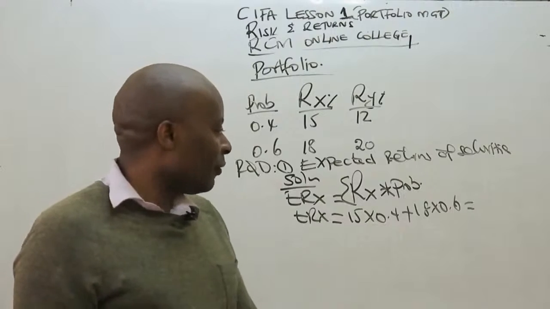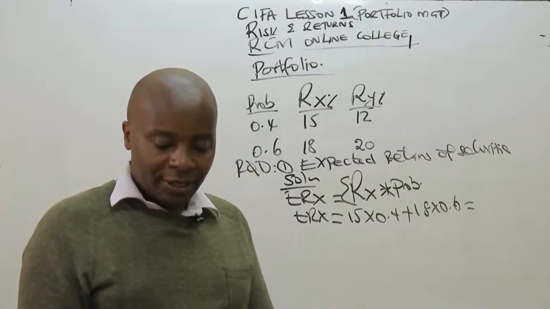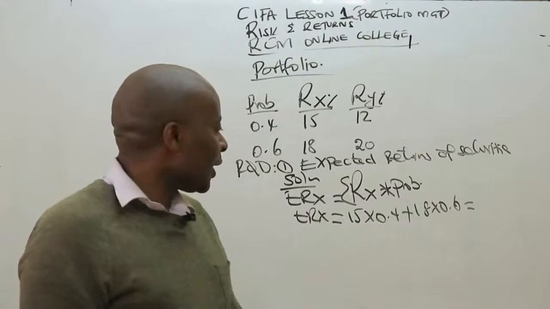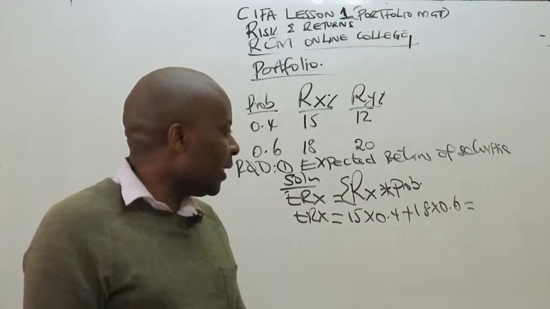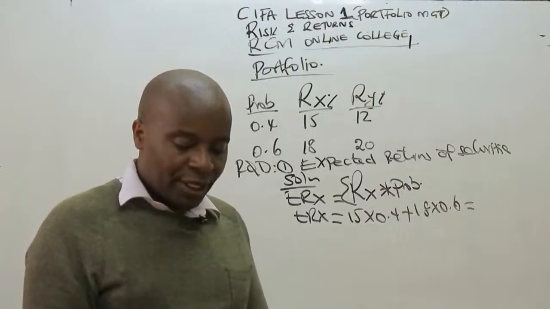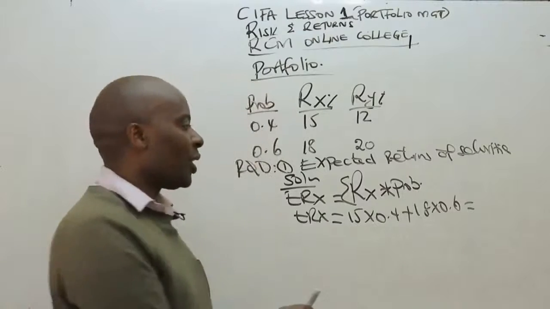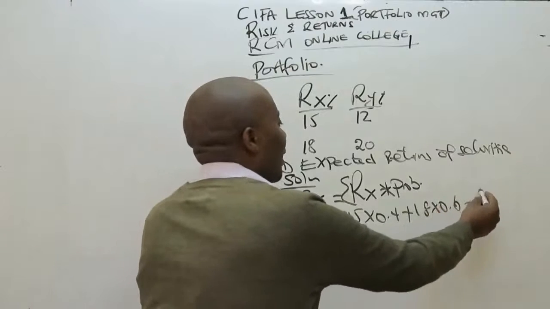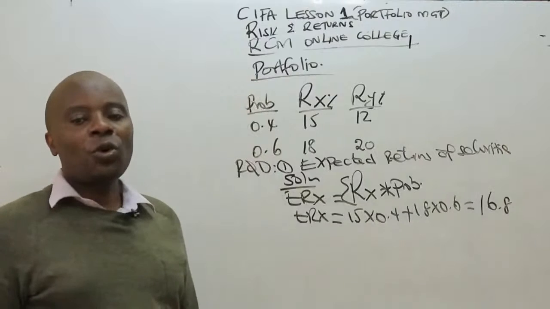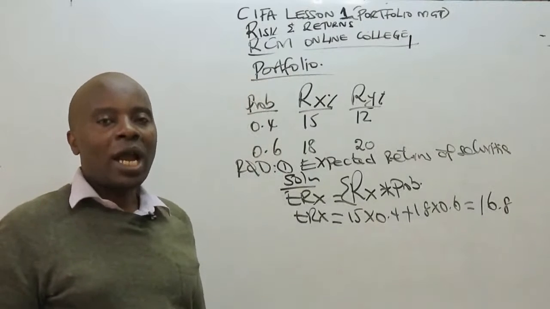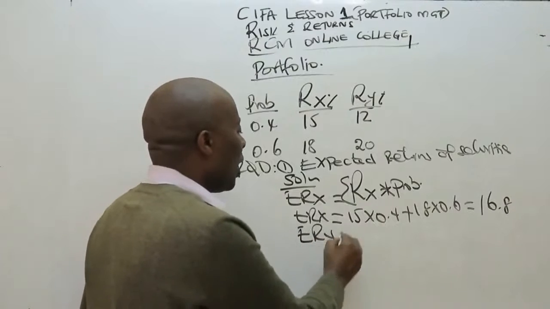So we have 15 times 0.4 plus 18 times 0.6, which gives me 16.8.